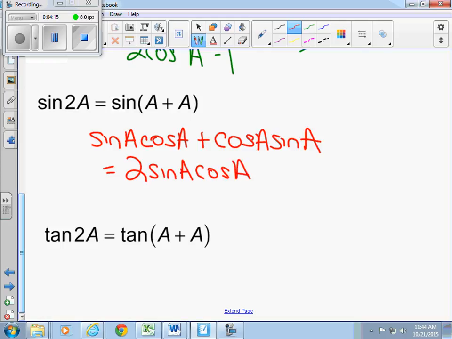So this is the double angle identity for sine. There's only one of those. Since those aren't squared, you can't use any Pythagorean identities. So there's only one double angle for sine. Remember how I didn't make you memorize the sum or difference identities? I've never seen those show up on an AP exam. I have seen double angles show up on an AP exam, so you'll want to memorize the double angle.